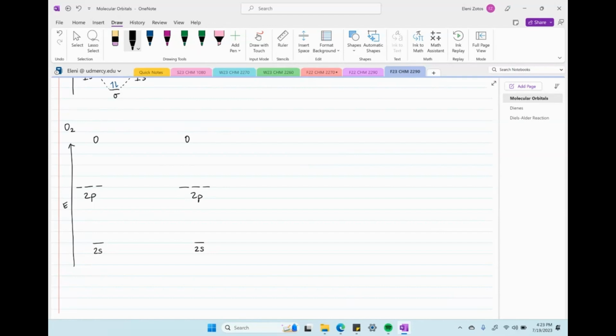Now we already talked about how the s shells can overlap. They can overlap to form a sigma and a sigma star orbital.